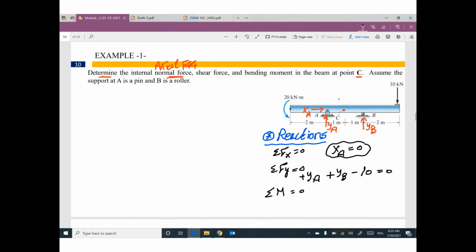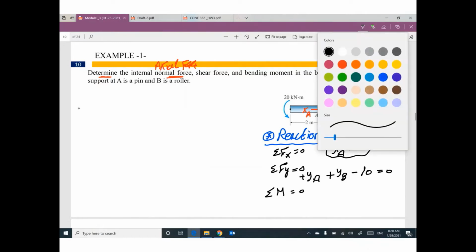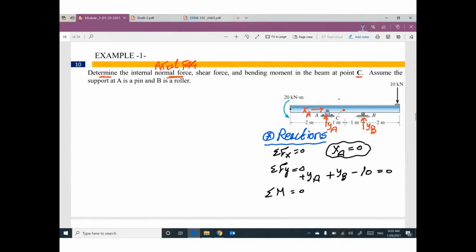I highly recommend to take moment at one support. So we have 2 supports, A and B. I highly recommend to take moment at the support with the maximum number of reactions. So I'm going to take moment at A. I'm going to assume this clockwise direction is positive. Let's start, and please pay attention.